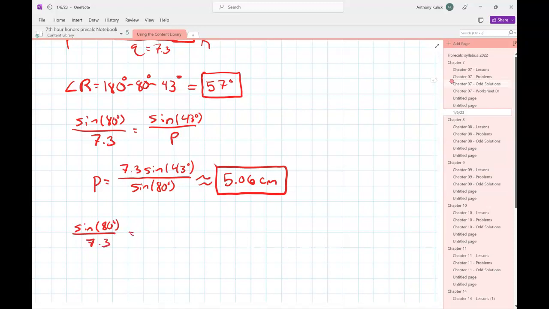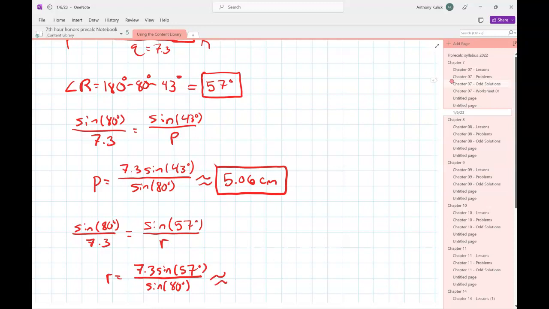And again, I could use sine P over P here instead if I wanted to, but I would never do that because I would rather use the non-rounded values if I can. Some problems you'll not have a choice and you'll have to use a rounded number, and that's okay.